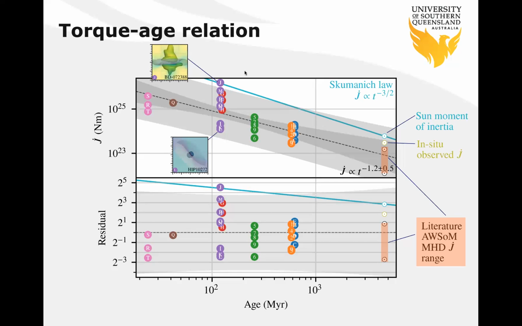But here, especially in this plot, but in all my plots, there is no scaling of the magnetic field. Other talks today have been about scaling it by a factor of 5 or 10 or whatever. But I have no scaling, and I have also assumed the same value as the sun for all these parameters of the AWSoM model. If I would scale these magnetic field values by a factor of 10, that would bring the center line of all the models up to the Skumanich law based on the sun's moment of inertia.